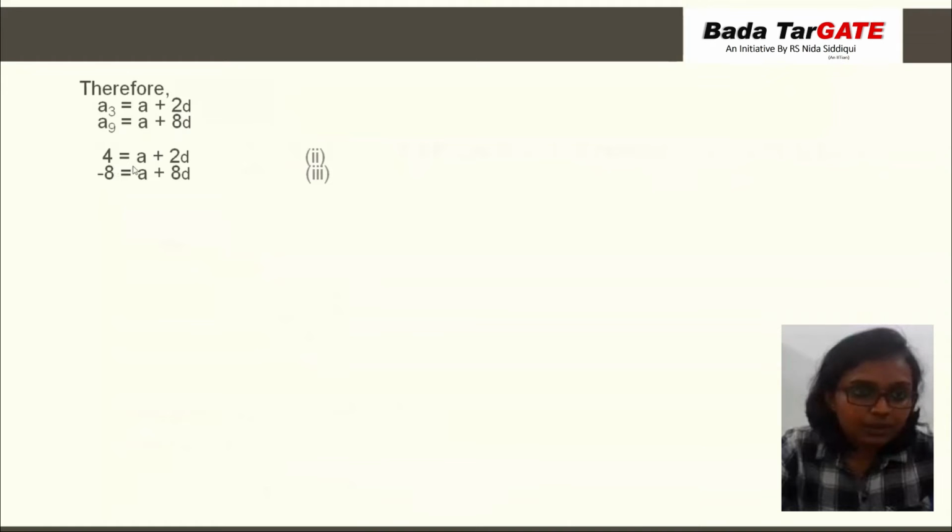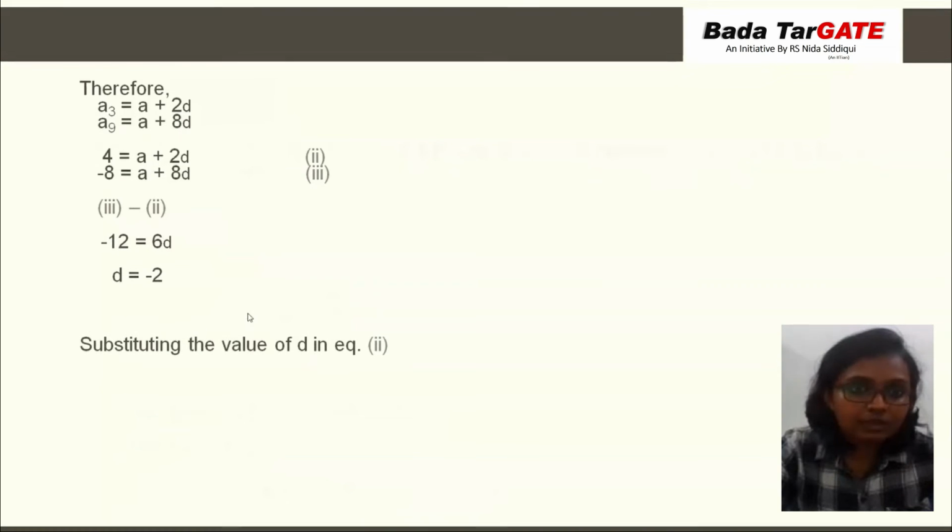So 4 is equal to A plus 2D and minus 8 is equal to A plus 8D. So we subtract the second equation from the first equation and we get minus 12 is equal to 6D. So we get the value for D, which is minus 2. And we substitute the value of D in equation 2 to obtain the value of A.